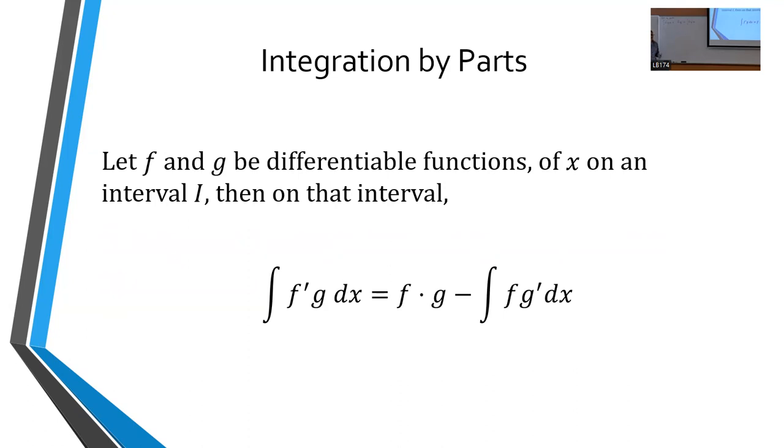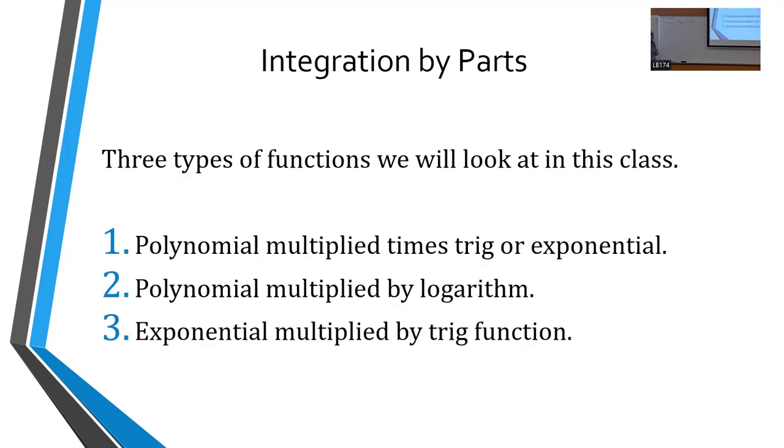And that's going to be the trick, is picking out which function is my f prime and which function is my g. If I have that, then we just apply the formula essentially. Okay? And so that's why I broke it down this way.